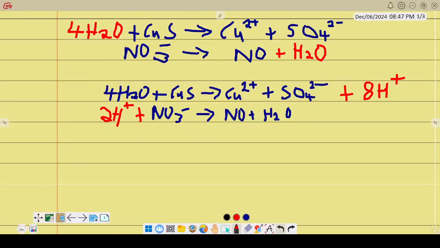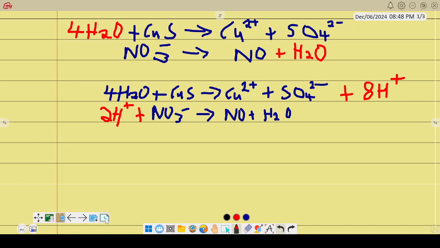Okay, so I hope we're together up to this point. So now we can go to the next step. For balancing hydrogen, that was the fourth step.